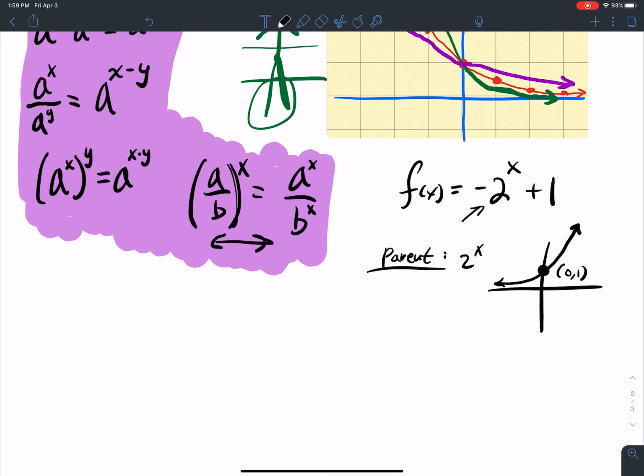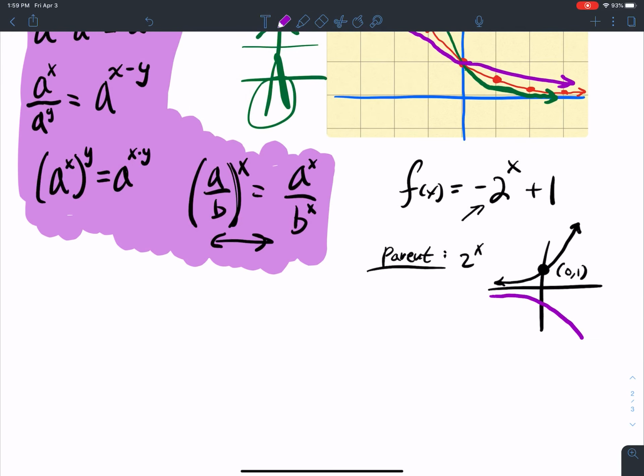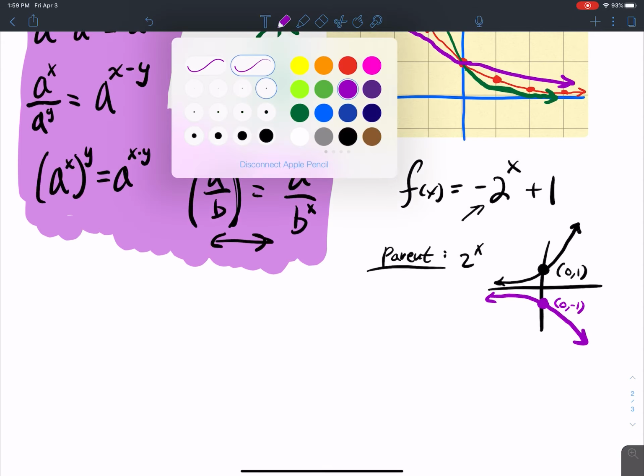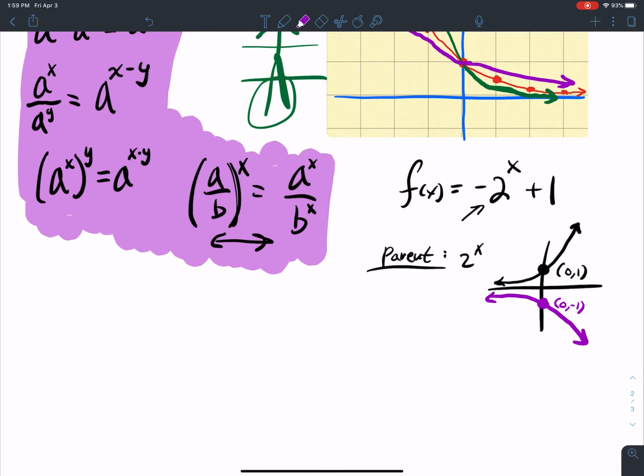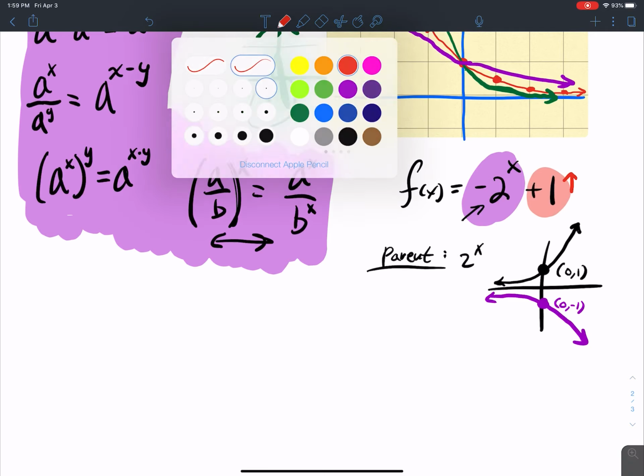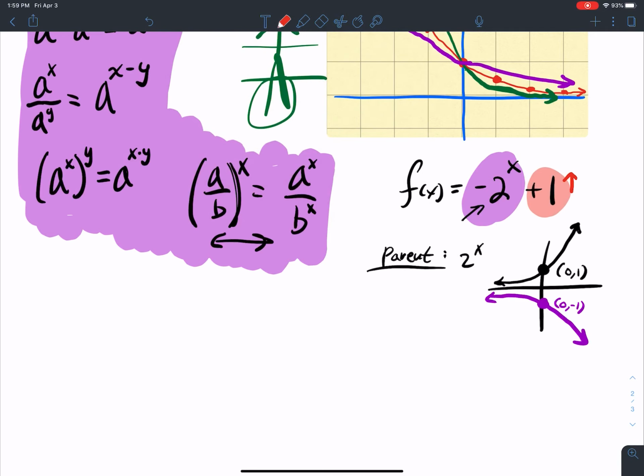Now, multiplying your function by negative flips it across the x-axis. So now all of a sudden, we're passing through this point, 0, negative 1. But then what happens here? I actually get shifted up 1, right? So I shift up 1, vertical shift up 1, and so now my graph looks like this.